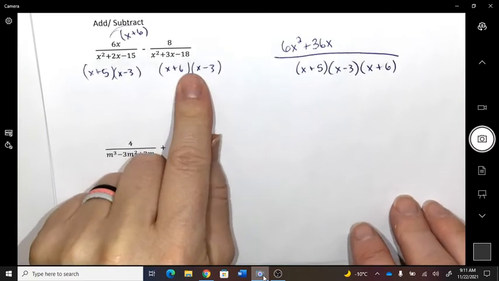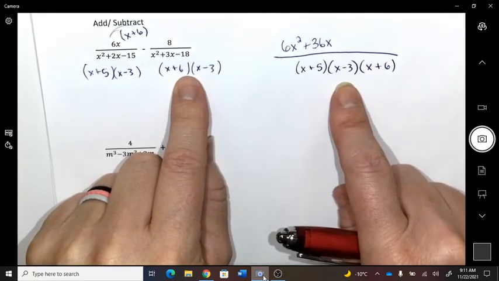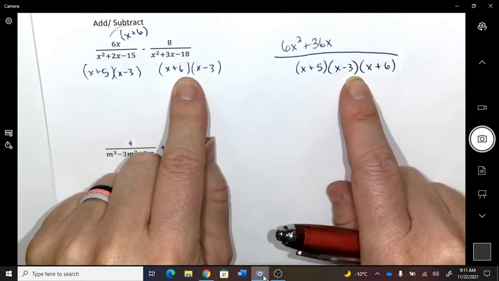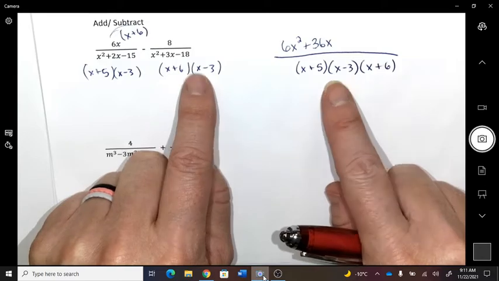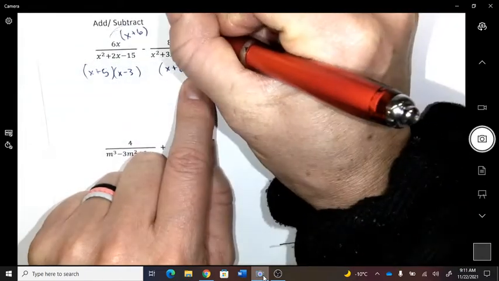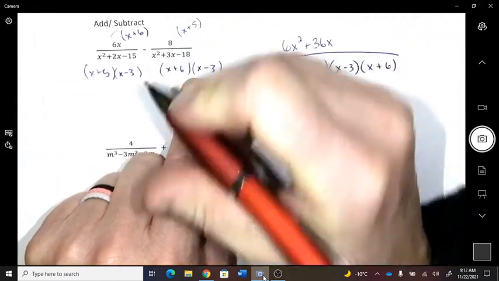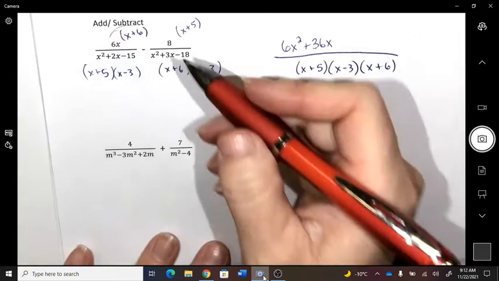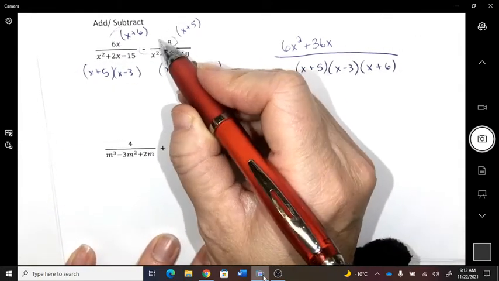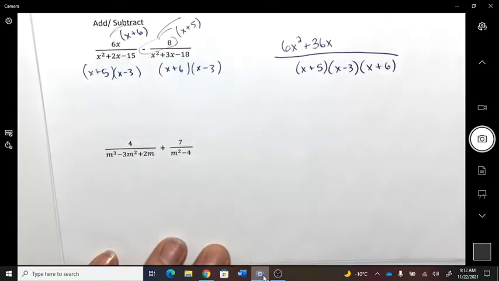Okay, second fraction had that and that. So it was missing, or what did I do to it? I multiplied it by an x plus 5. Okay, here's where I catch a lot of errors on the test. Be careful, what are you doing? -8 is going through there, right?